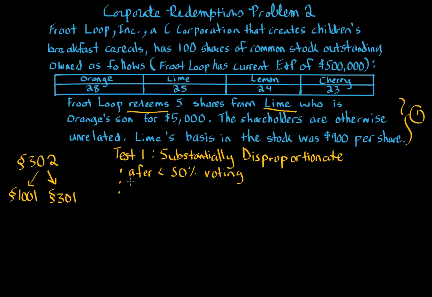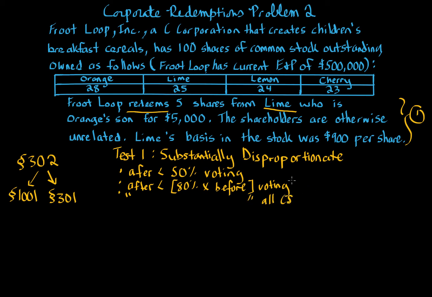Next, the after percentage is less than 80% times the before percentage of voting common stock. And finally, the third test is the after percentage is less than 80% times the before percentage of all common stock.